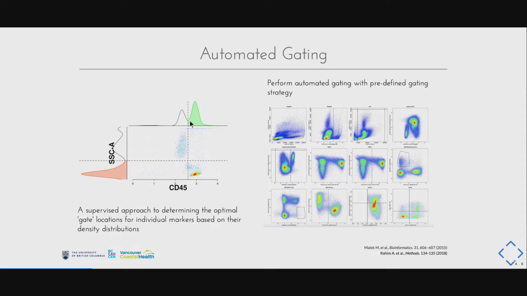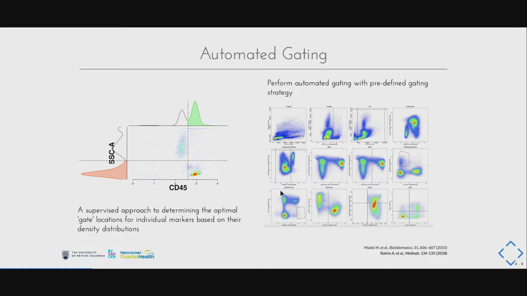The gates are usually placed in the valley between these two peaks. Using this principle, we can let the algorithm fit a density function to the data and find the peaks and valleys by calculating the first or the second derivative of this function to find the location to place a gate. Unlike sequential manual gating, we can build a pipeline to automatically gate a series of scatter plots step by step.